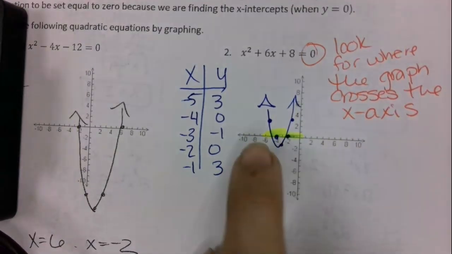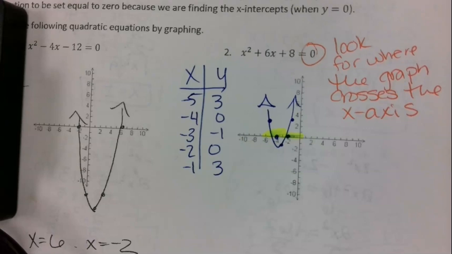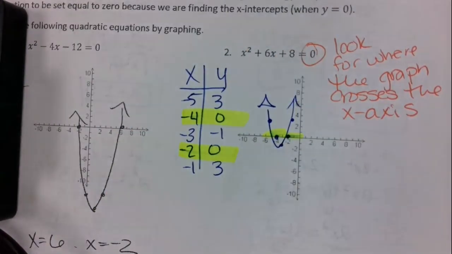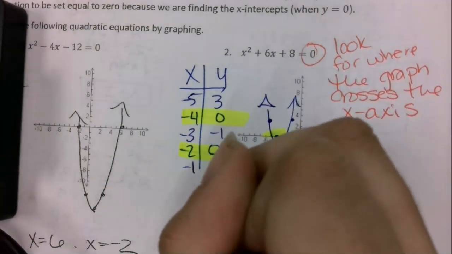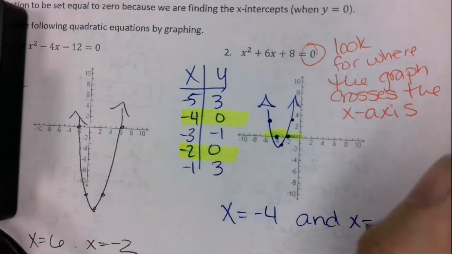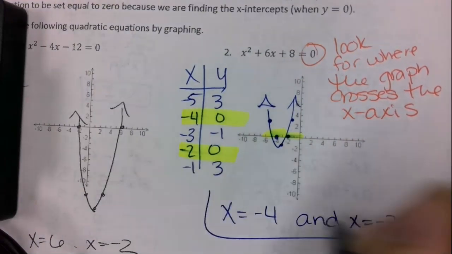So it's crossing at those 2 points. Notice they're also the same as the ones with the zeros for the y value. So I'm going to write x equals negative 4 and x equals negative 2 for my two answers here.